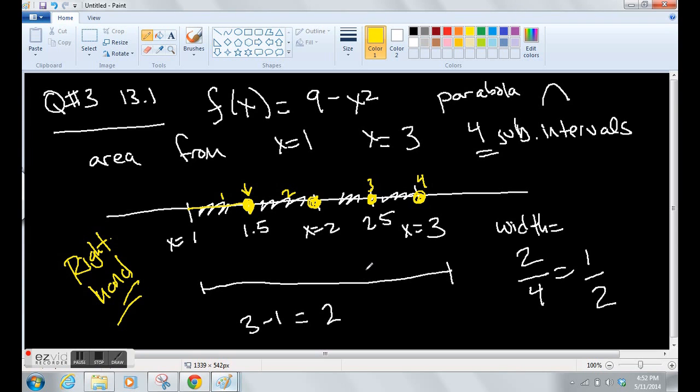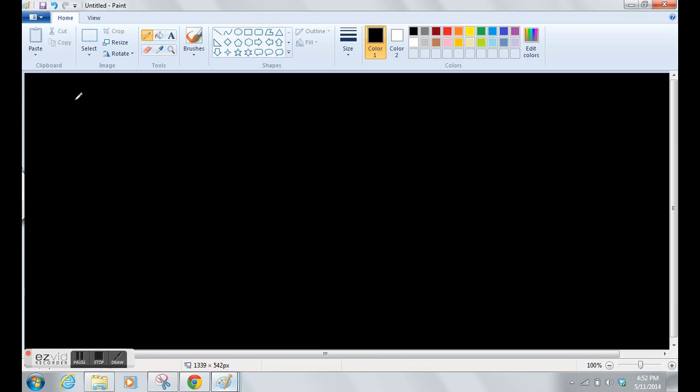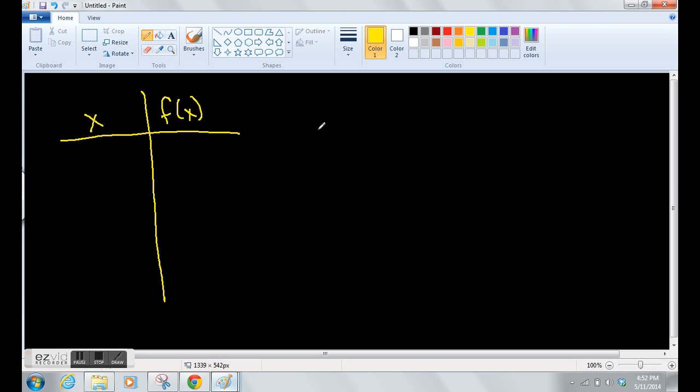So this is what we're doing next. We know we have these intervals. I'm going to make a little column for x and f of x.